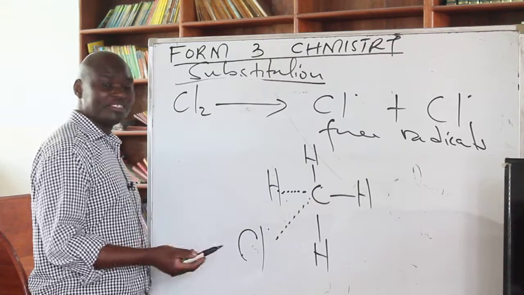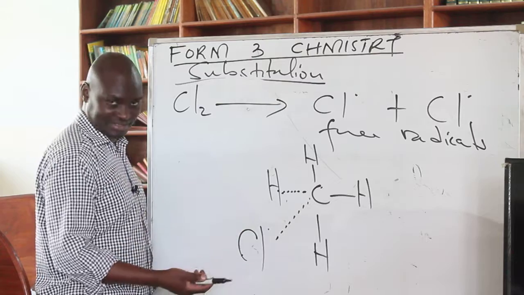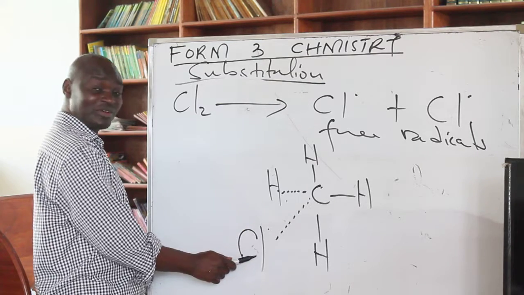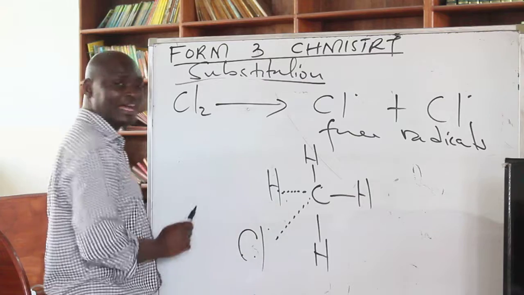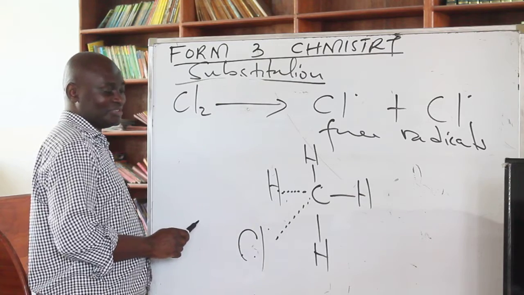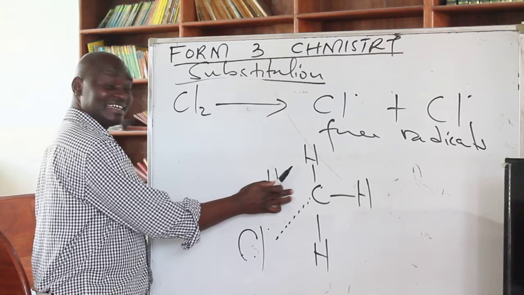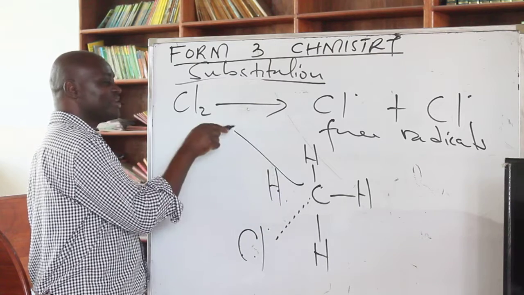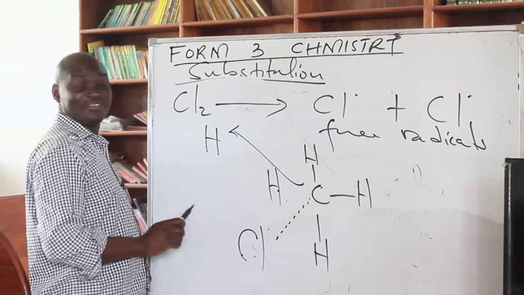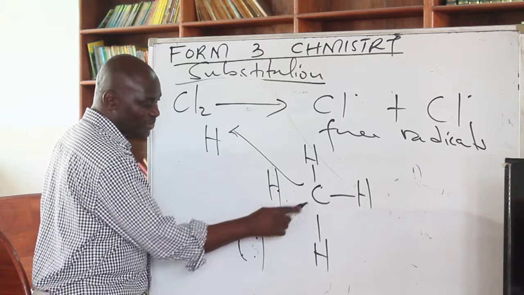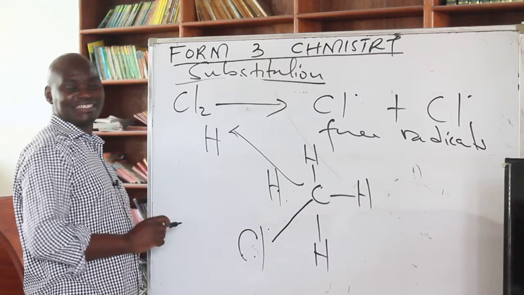So one of the bonds between carbon and hydrogen breaks, while a new bond is formed between the chlorine radical and the carbon atom. This one will continue to break completely, and this hydrogen will become free, while this bond will form completely.